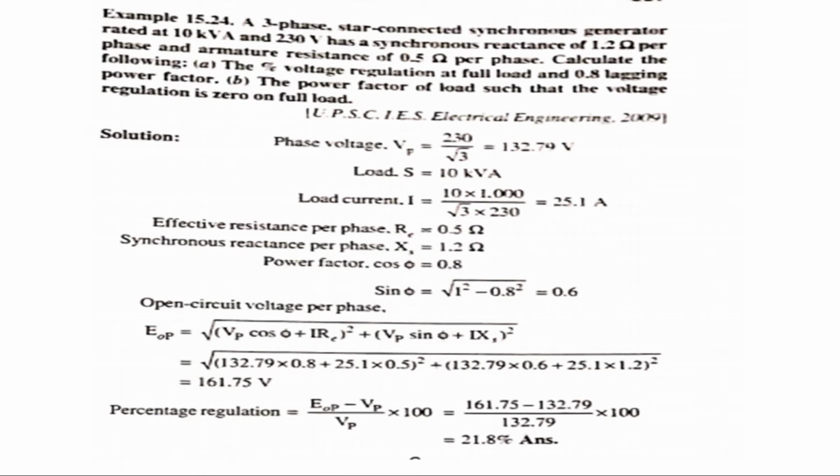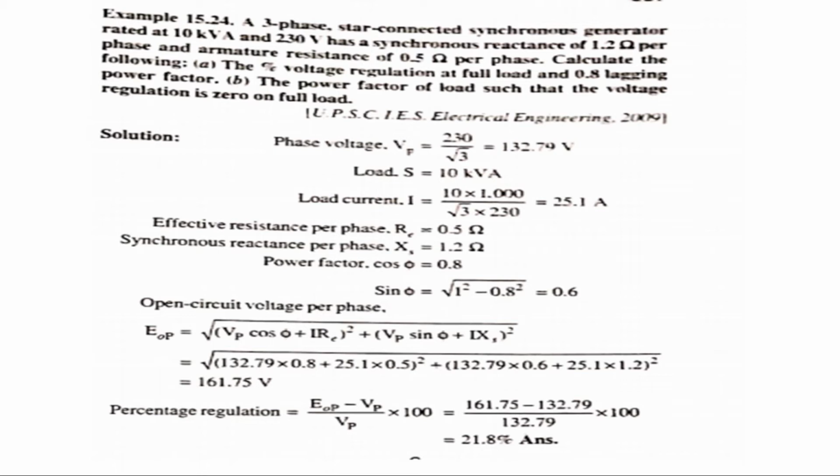Calculate the phase voltage as line voltage by root 3, that is 230 by root 3, that is 132.79 volts. The load is given as 10 kVA, and the load current is 10 into 10 power 3 divided by root 3 into Vp, that is 25.1 amps.